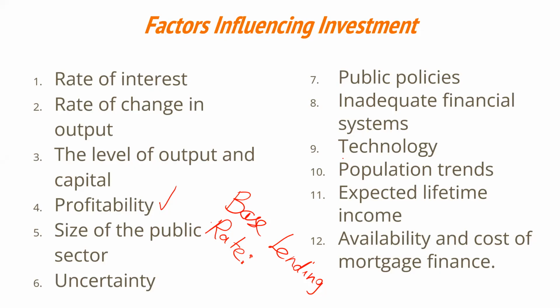Size of the public sector. I think I was sharing with the other class yesterday that right now, when you read most economic forecasts, they're talking about countries like Nigeria and Ethiopia becoming very, very big economies as early as 2050.